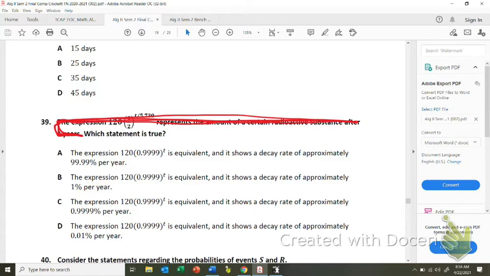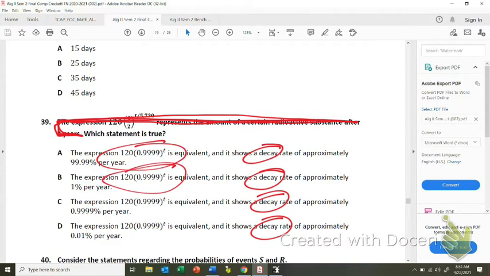So, what do you notice about all of the problems? They all have the word decay in it, and they all have the word equivalent. Look at all these functions. They're all the same.